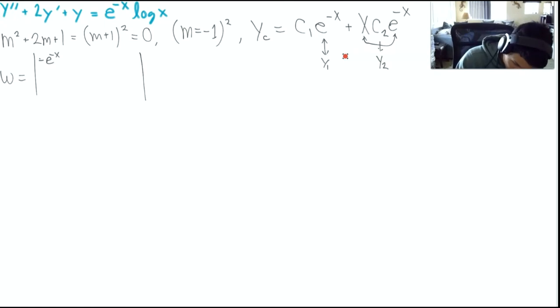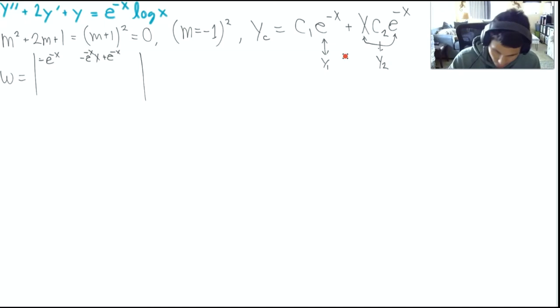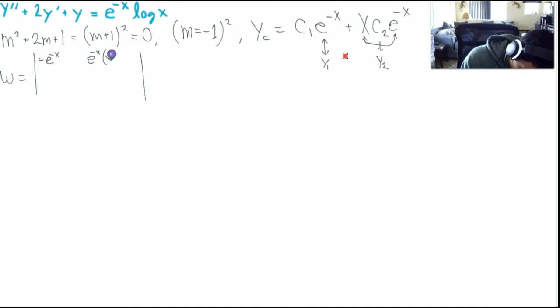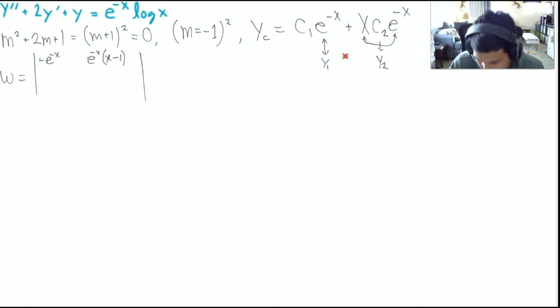That's going to be negative x e to the negative x plus e to the negative x. Don't forget your negative x right there. And I'm going to rewrite that.